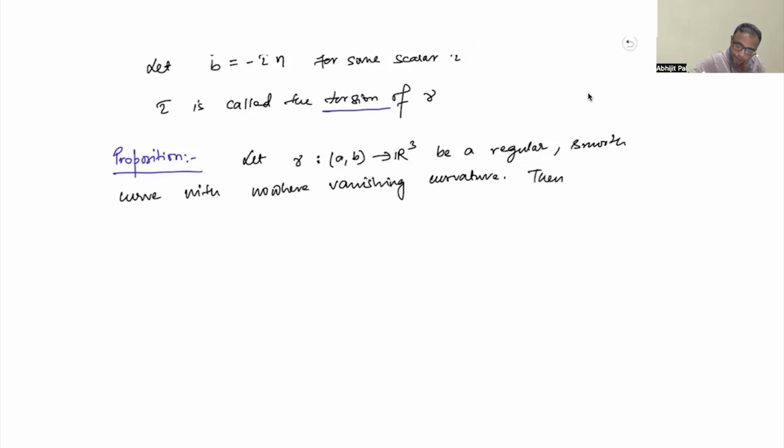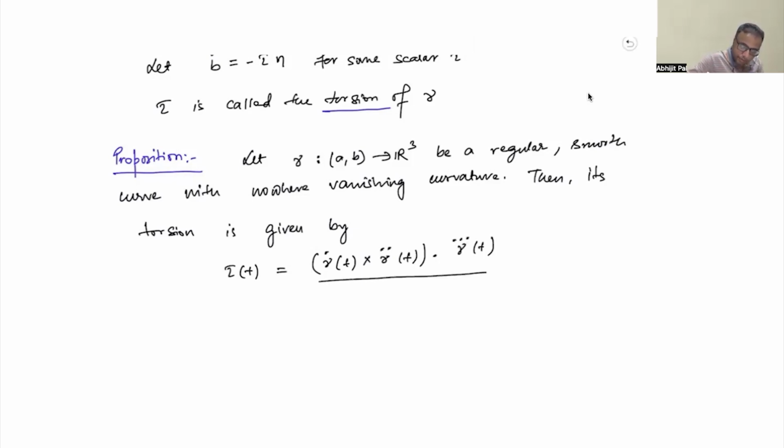Then its torsion is given by tau(t) equal to the dot product of gamma dot(t) vector product with gamma double dot(t), with gamma triple dot(t), divided by the norm square of gamma dot(t) vector product with gamma double dot(t).